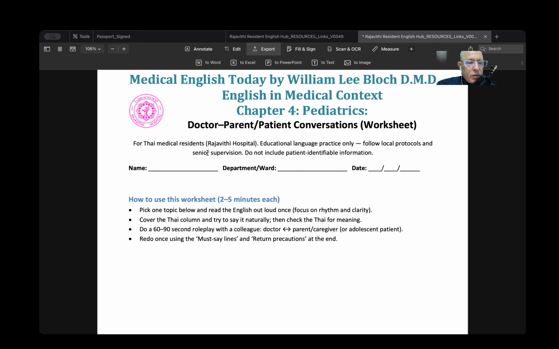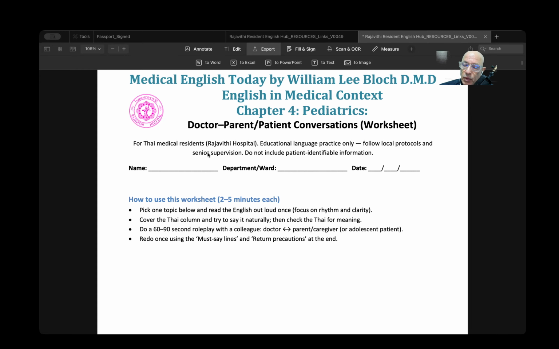And I've created something that is in the same vein. It's not violation of copyright because this is done with ChatGPT, being aware that we don't want to violate any copyright.